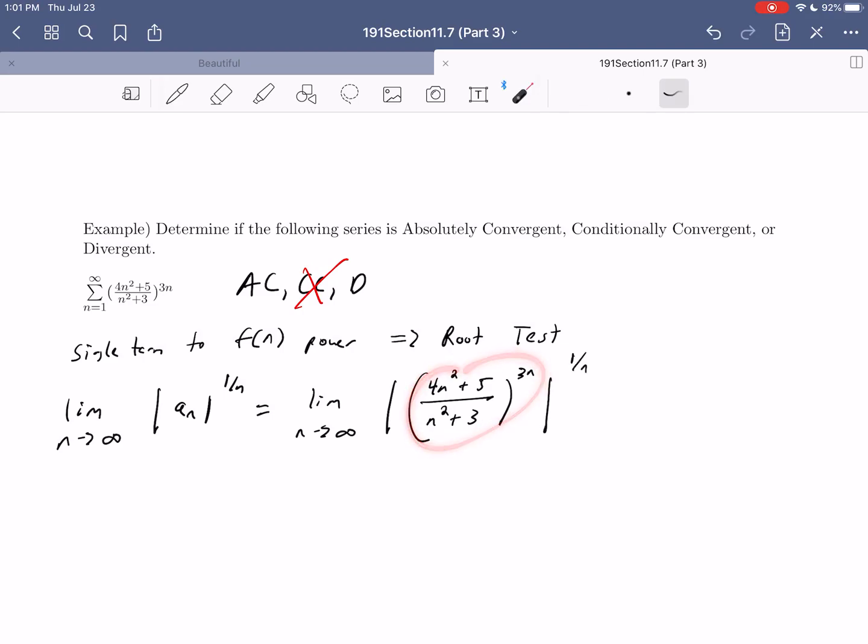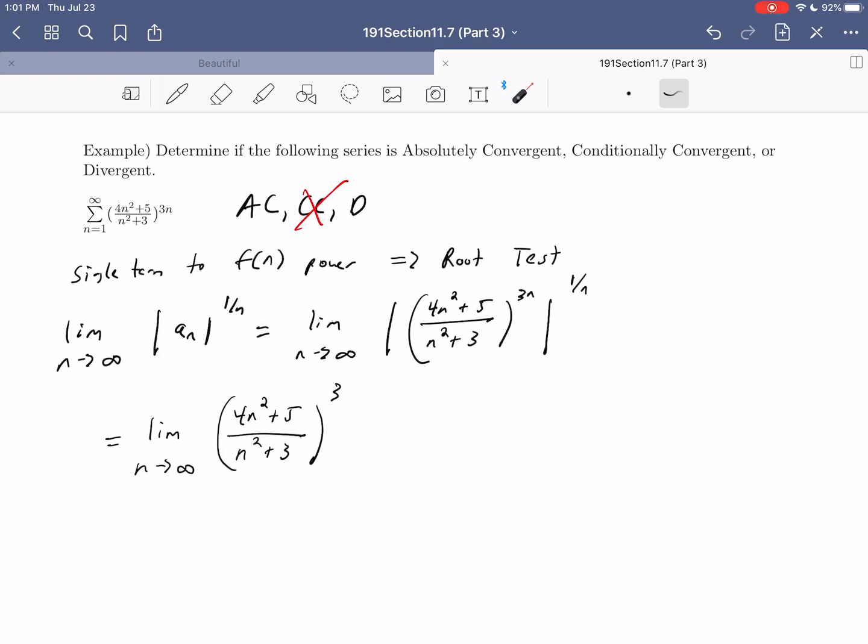This is always positive, so we can drop those absolute value bars, and we get the limit as n goes to infinity of, since power to a power you multiply, 3n times 1 over n, 4n squared plus 5 over n squared plus 3, all of that cubed. Now, if we really felt like doing a bunch of algebra, we could distribute this third power onto everything in here and FOIL it all out.